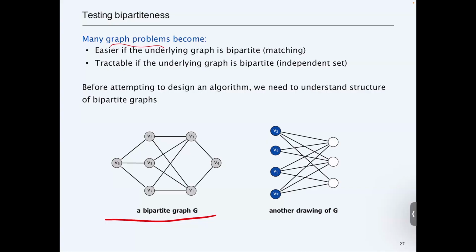But if I redraw the graph like you see on the right, you can look at this graph and say, oh, this is absolutely a bipartite graph, because the nodes have been separated cleanly. We have blue nodes and we have white nodes. So suddenly the bipartite structure becomes obvious. And this happens a lot in graph theory, that the same graph can look confusing or very simple depending on how you draw it.